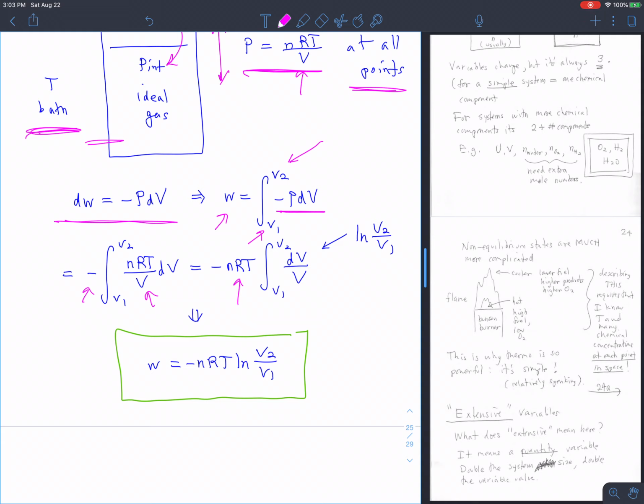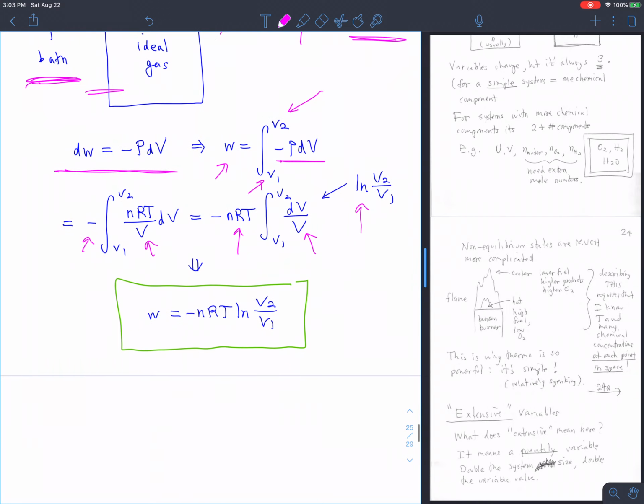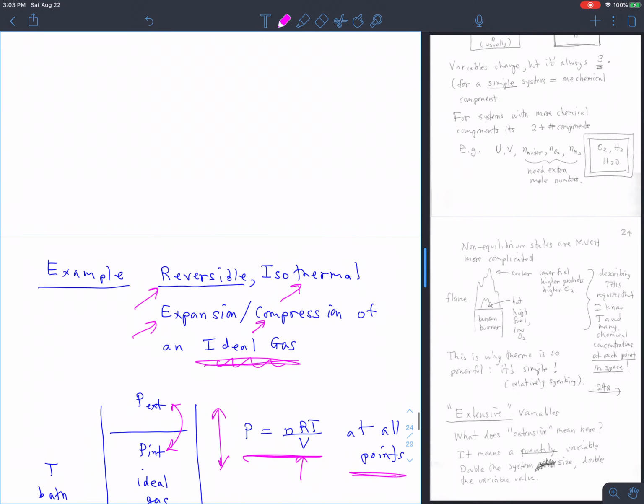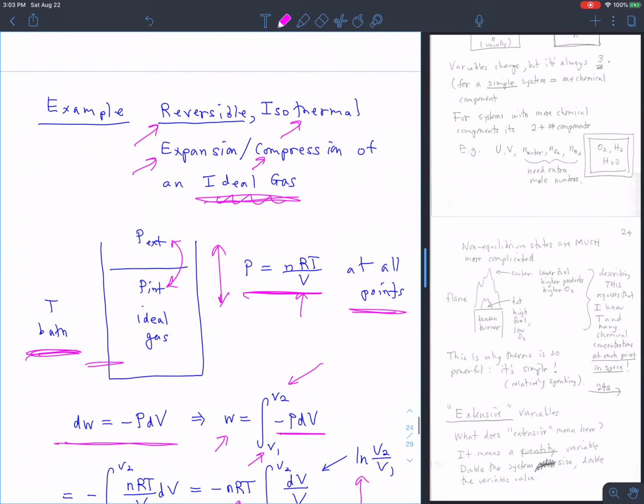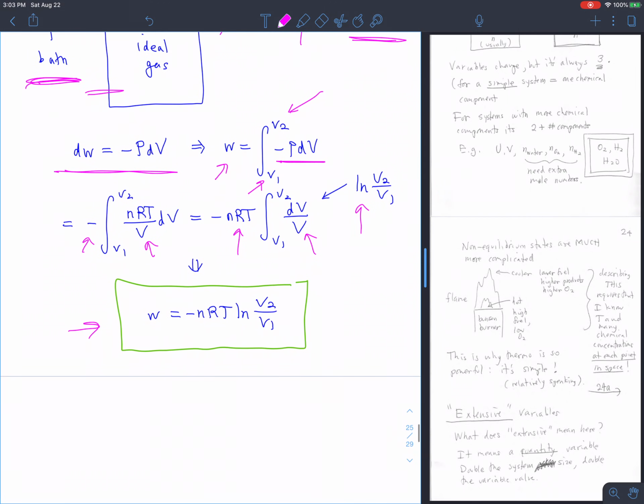Minus nRT, the integral of dV over V, that's one of our standard integrals from the math review. It's a logarithmic integral, and we get that the overall work for a reversible isothermal expansion or compression of an ideal gas is minus nRT log V2 over V1.